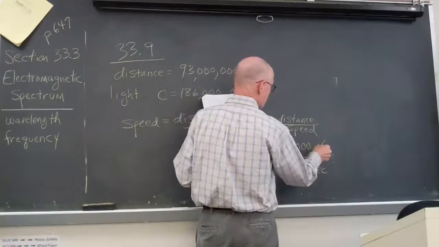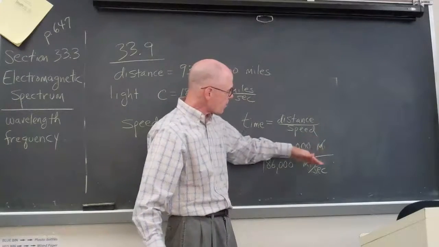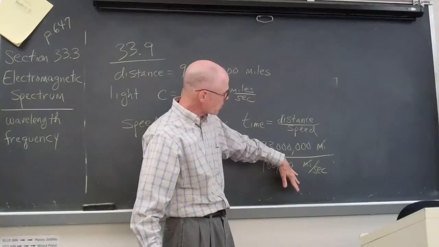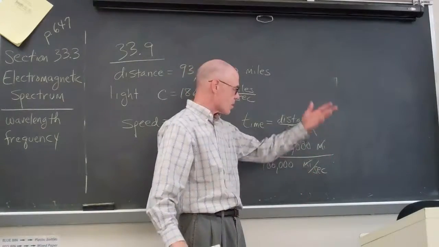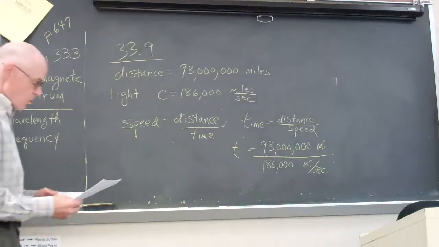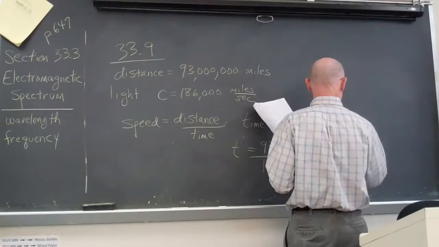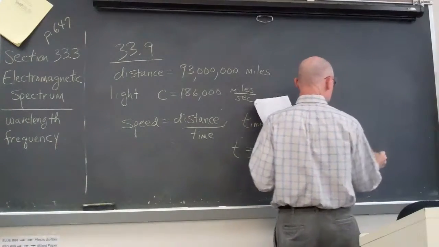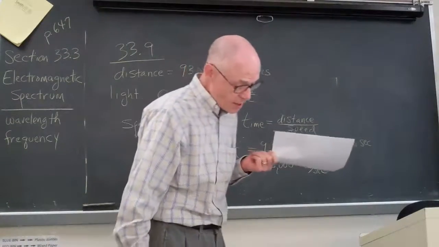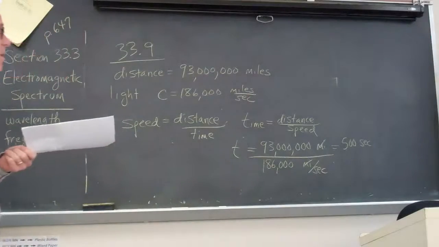The miles units cancel out, and as before, when you divide a fraction by a fraction, it's the same as multiplying the numerator by the inverse of the denominator. So the second units do flip up into the numerator. So this actually ends up being 500 seconds. Since the problem statement didn't ask for specific units, 500 seconds would be acceptable.